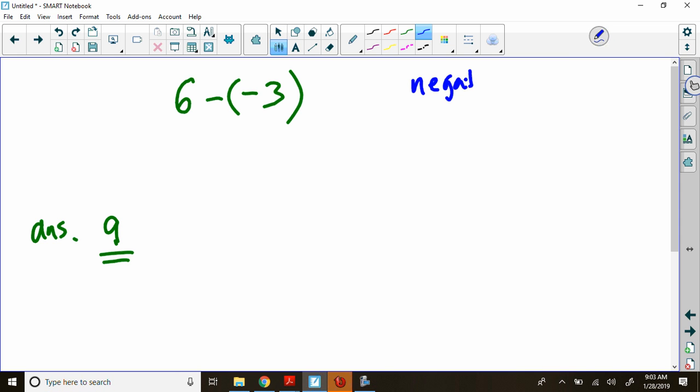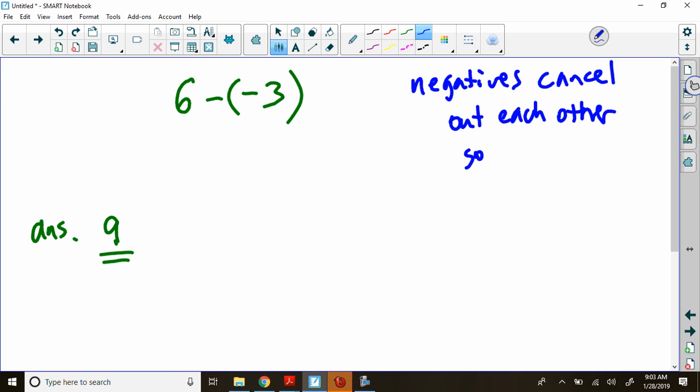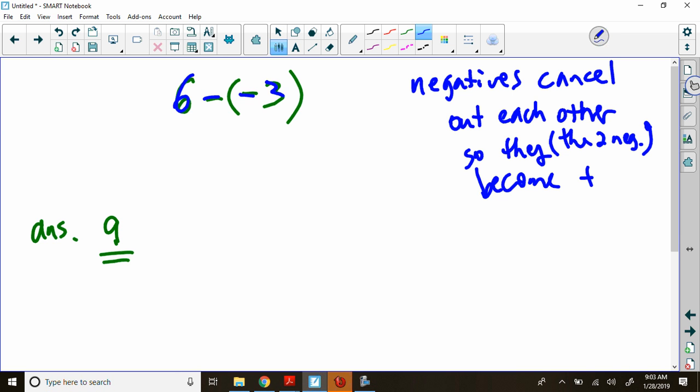Negatives cancel out each other. So the 2 negatives become plus. So here's this 6 minus -3. So they cancel each other out and the whole thing becomes positive.